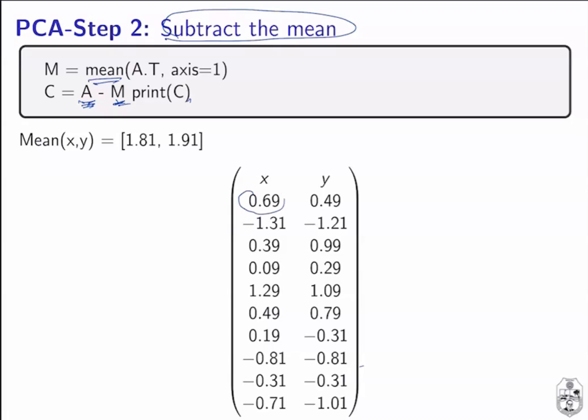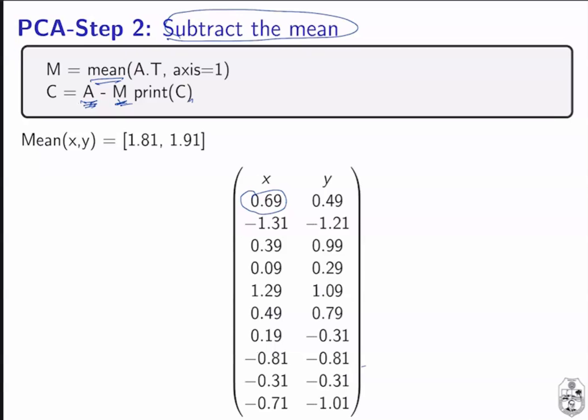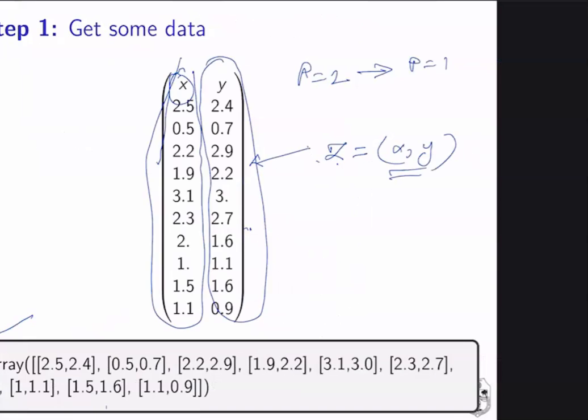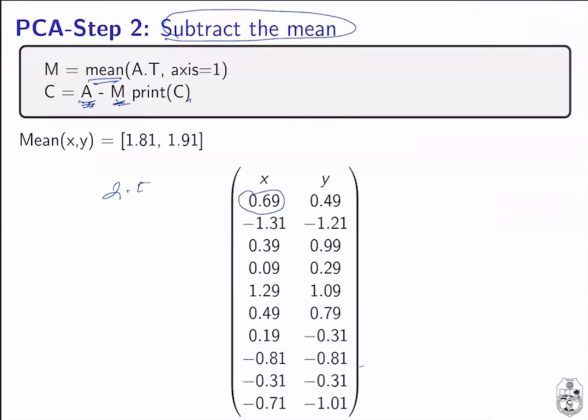Now this value 0.69 is the subtraction of 2.5 minus 1.81. Here 1.81 is the x mean, and this is the y mean.